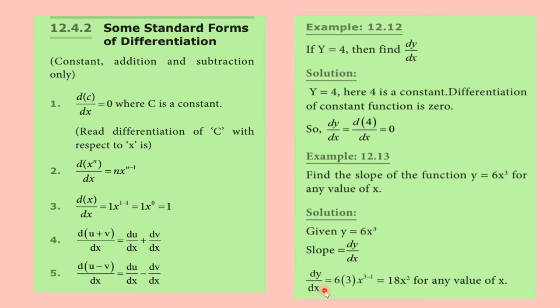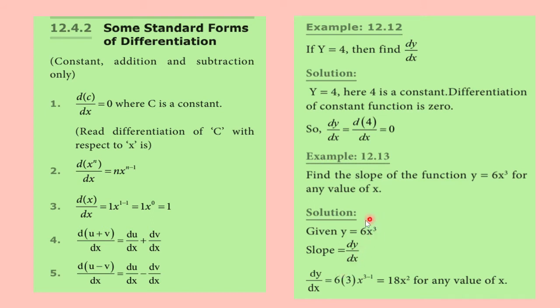So dy by dx is equal to, what did I say? Bring the power to the front. Here the power is cube or 3. So bring the 3 to the front. So it becomes 3 into 6 or 6 into 3. Everything is the same, like 5 into 4 is 20 or 4 into 5 is 20.